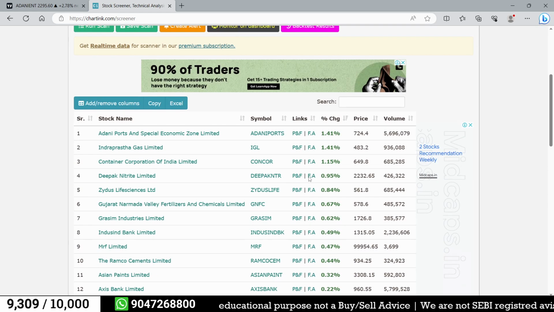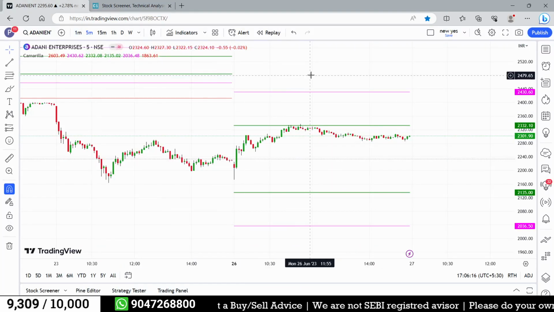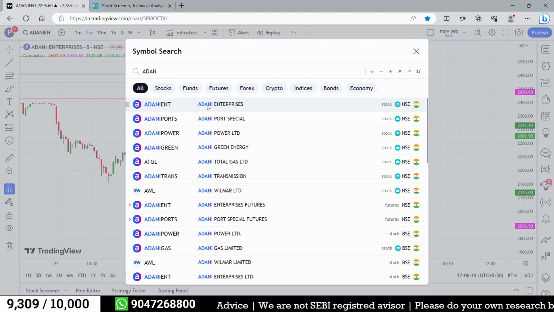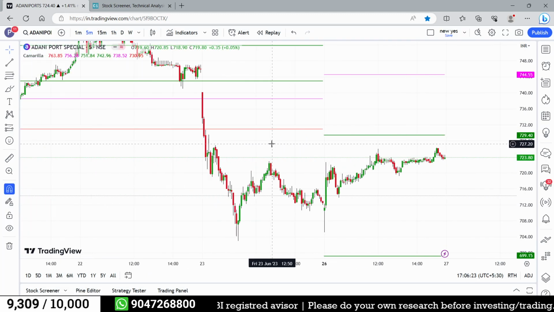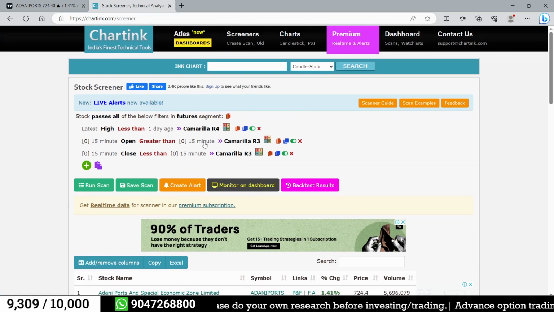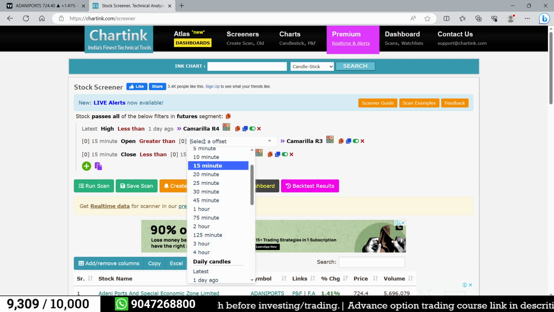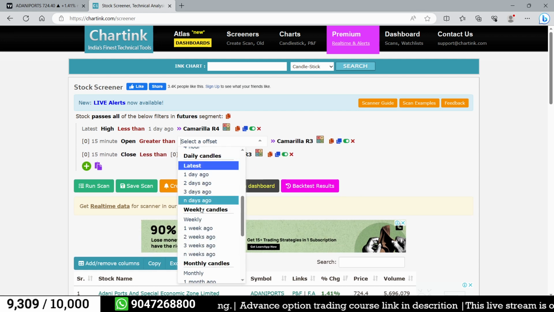If we are using this, Adani Port is the stock. Let me try whether it has given you an opportunity. Adani Port. I think the data is updated. Sorry, here it's not the 15 minutes latest, sorry, 1 day ago.